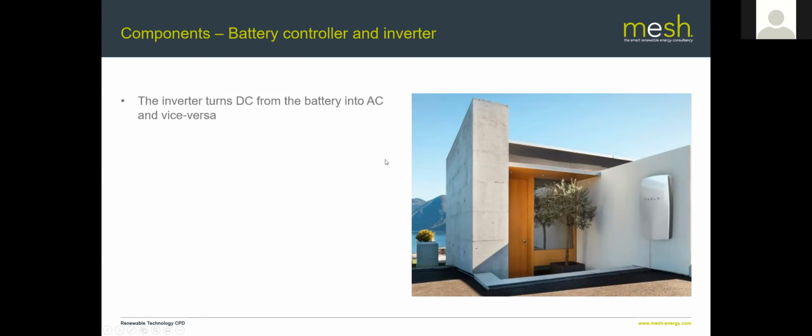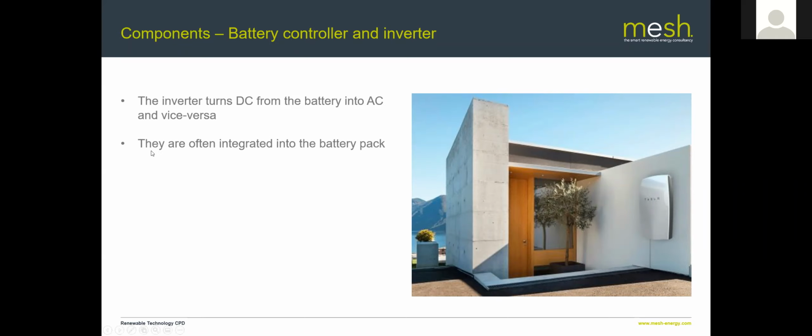The other major component of the battery system is the battery controller and inverter. The inverter is the piece of the puzzle that turns DC electricity from the battery into AC that you can use in the house, and vice versa. If you're charging from the mains, you're getting AC electricity coming in. That AC needs to be converted into DC at the correct voltage and pushed into the battery.